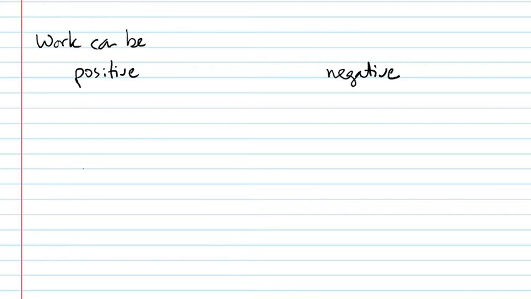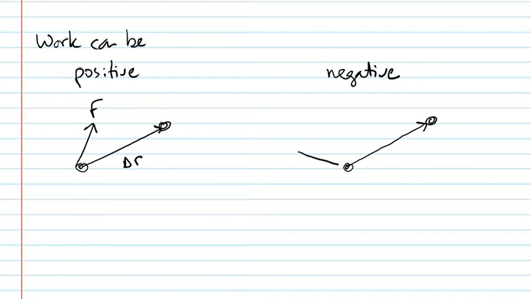If we have a situation where the object is moving and the force is assisting the motion of the object, then that's going to be positive work. But in contrast, if the object is moving and the force is opposing the motion, that's going to be negative work.